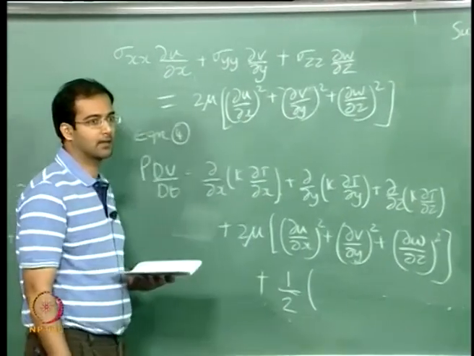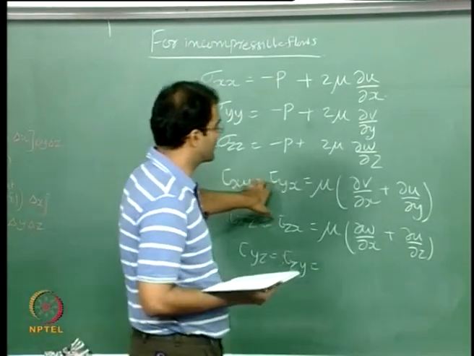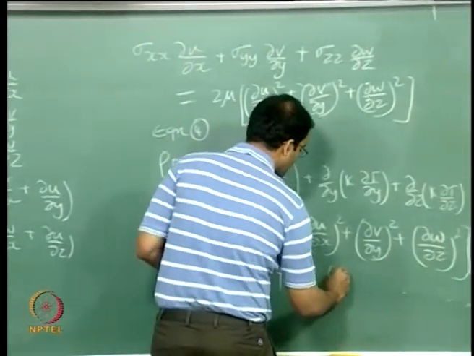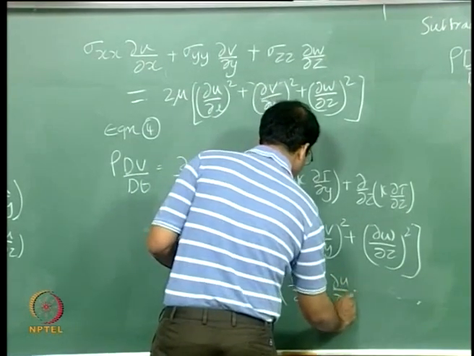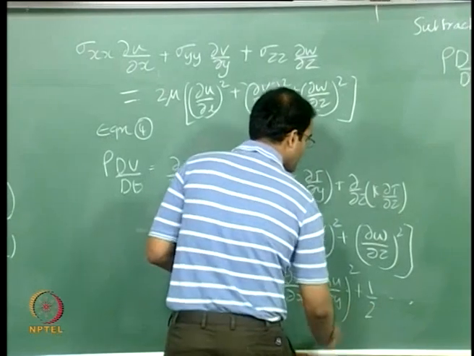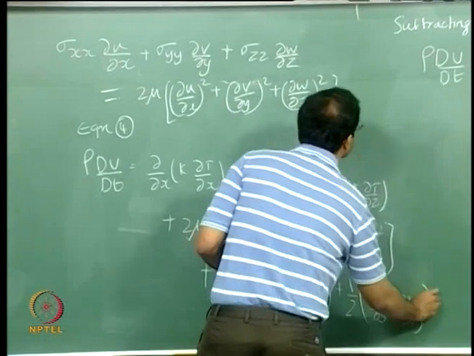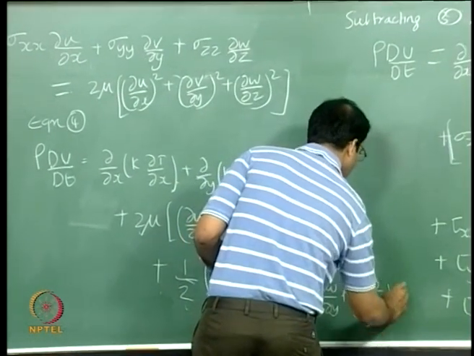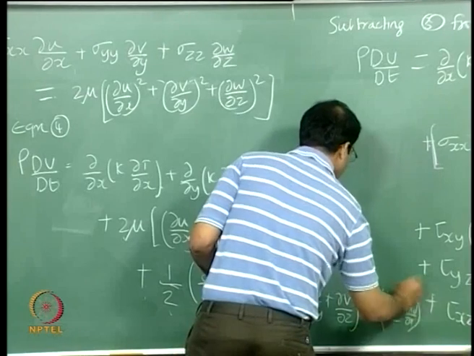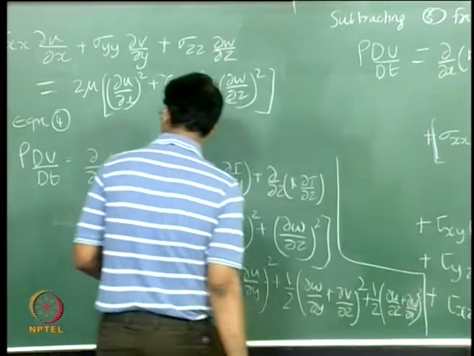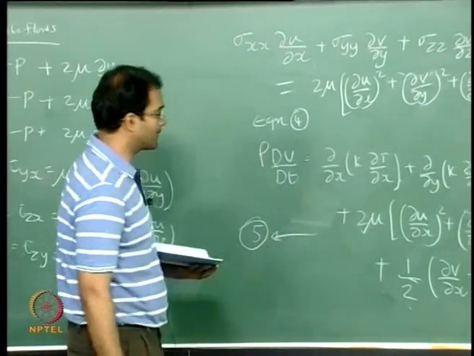And what should be the other terms? If you substitute for tau xy, the whole square of each of these: dv by dx plus du by dy the whole square, plus half of dw by dy plus dv by dz the whole square, plus half of du by dz plus dw by dx the whole square.